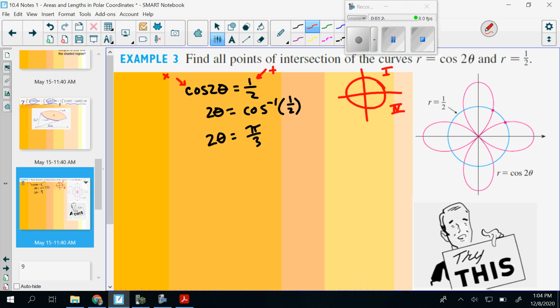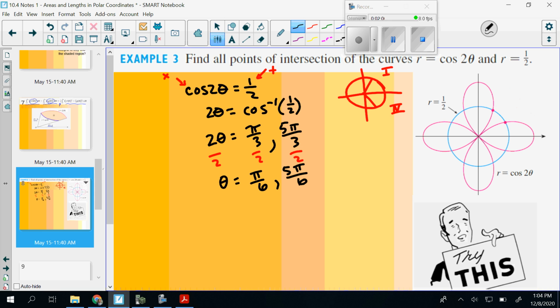So the equivalent one there would be, we got pi over 3, and also negative pi over 3, which would be the same as 5 pi over 3. But that's what 2 theta equals. So what we'd have to do now to find what just theta equals would be to divide these by 2. So you would get pi over 6 to be an answer, and 5 pi over 6 would be an answer.